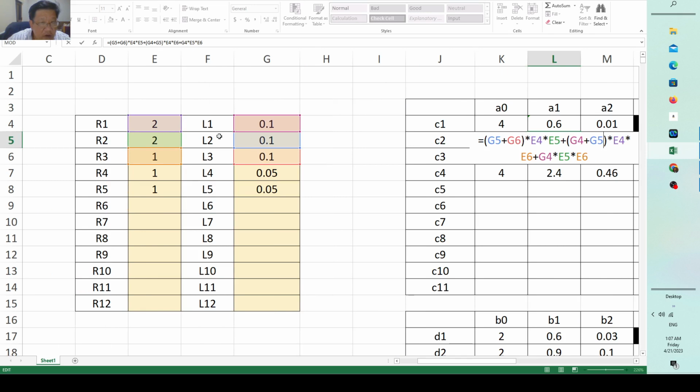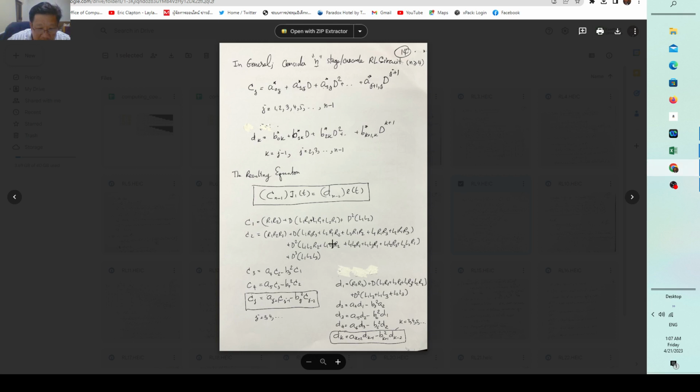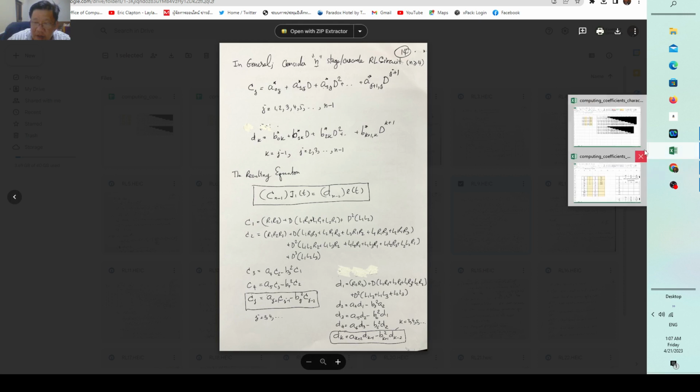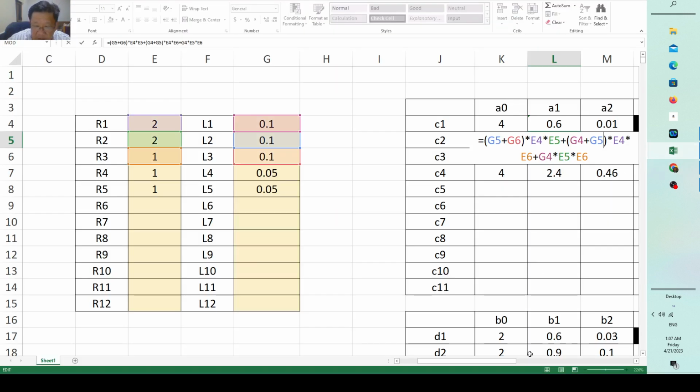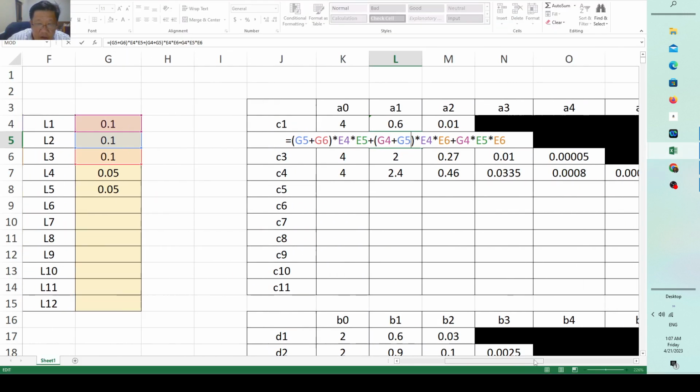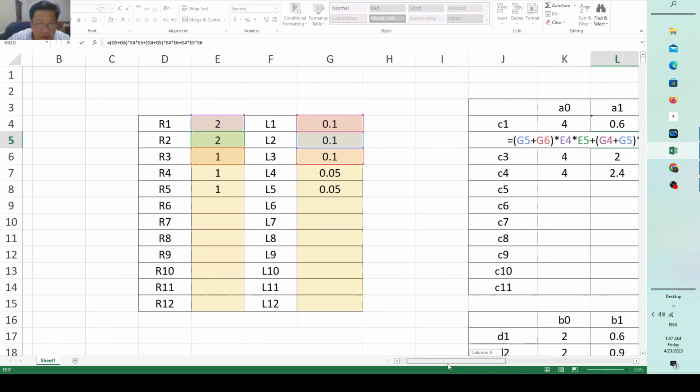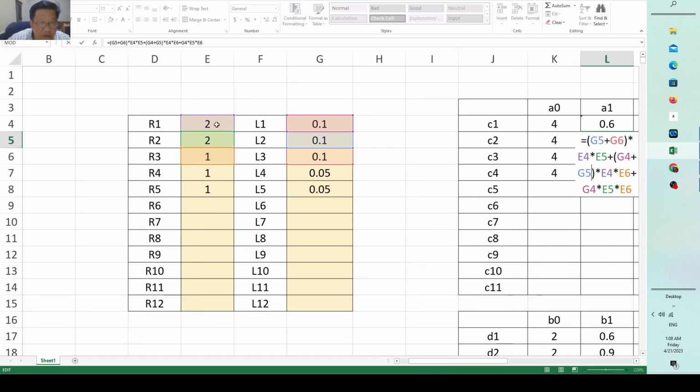G4 plus G5. No, L1 plus L2. Oh, so we arranged it in the wrong term here. Let's look at here. For common one, I think we did it correctly. So you can see that E4 times E5 is R1 times R2, right? E4 times E5, yeah, R1 times R2.